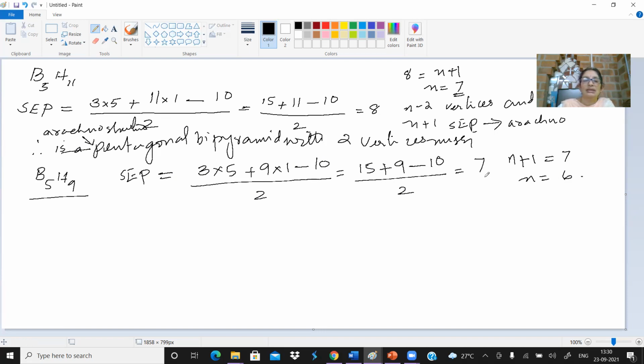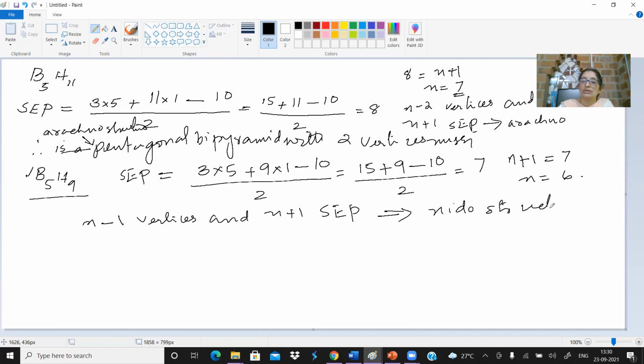Now if you look at this, this is B5. That means there are only n minus 1 vertices in actual. So n minus 1 vertices and n plus 1 skeletal electron pairs, the structure is a nido structure. And how would you talk about the shape?